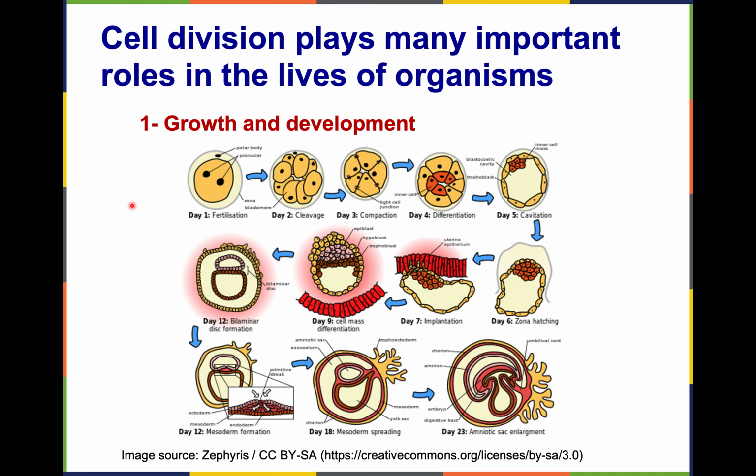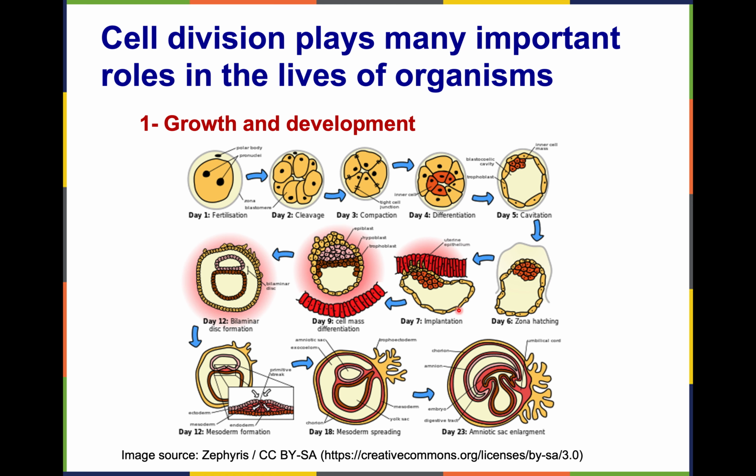So in the beginning of fertilization, when a sperm fertilizes an egg, initially you have one cell. But over the course of development, this image is showing you the course of development after fertilization up to day 23 in a human embryo.